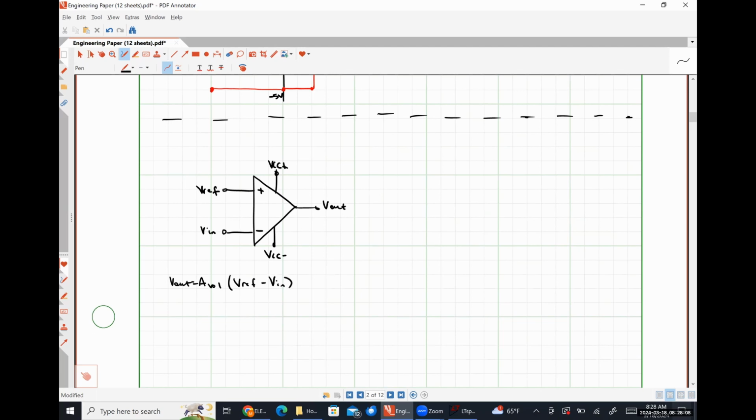So if I were to plot things using the exact same parameters that we had before, where here's my 2 volts reference voltage, here's +5, -5 volts.